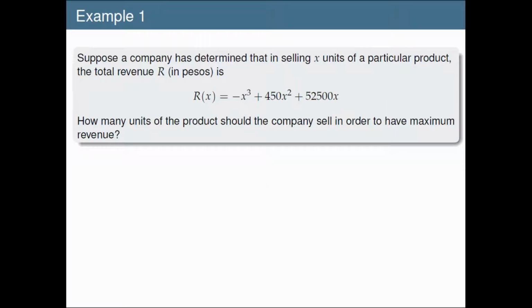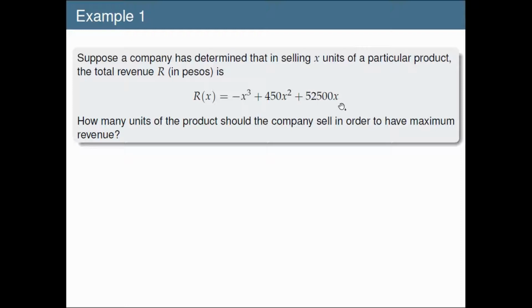For example, suppose a company has determined that in selling X units of a particular product, the total revenue R in pesos is given by R of X equals negative X cubed plus 450X squared plus 52,500X.